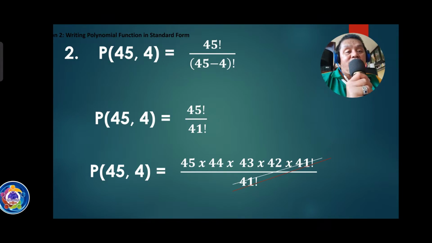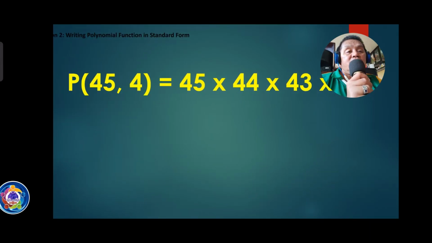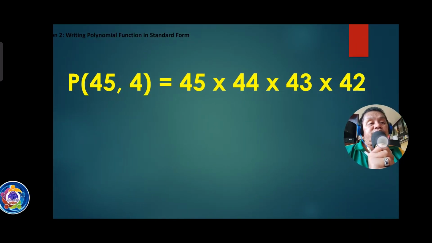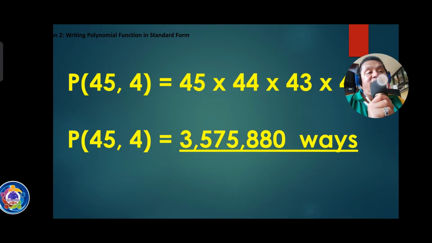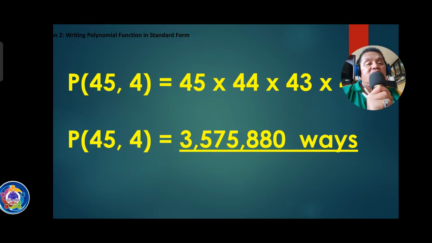The remaining factors are 45 times 44 times 43 times 42. Using your calculator, you have the answer 3,575,880 ways.